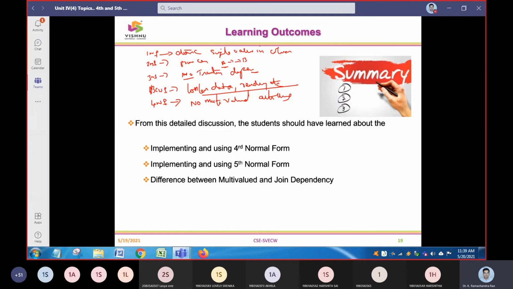We can say AB has one table and AC has another table. And last comes the fifth normal form. In the fifth normal form, we say no join dependencies. Any type of join dependency which leads to loss of data is not entertained in the fifth normal form. So this is the overview of the five normal forms in DBMS.